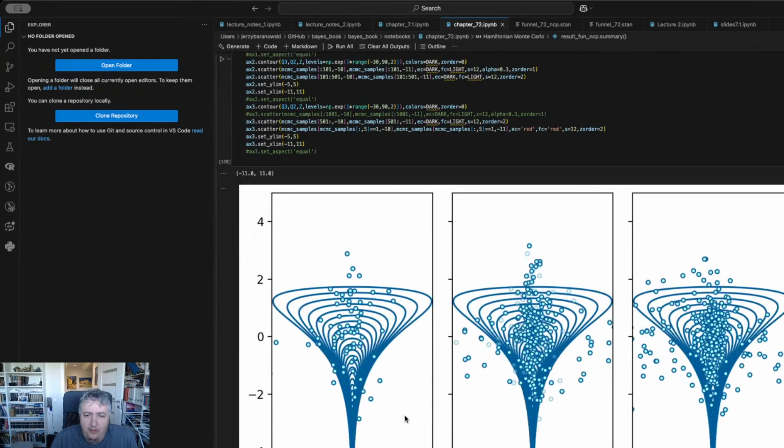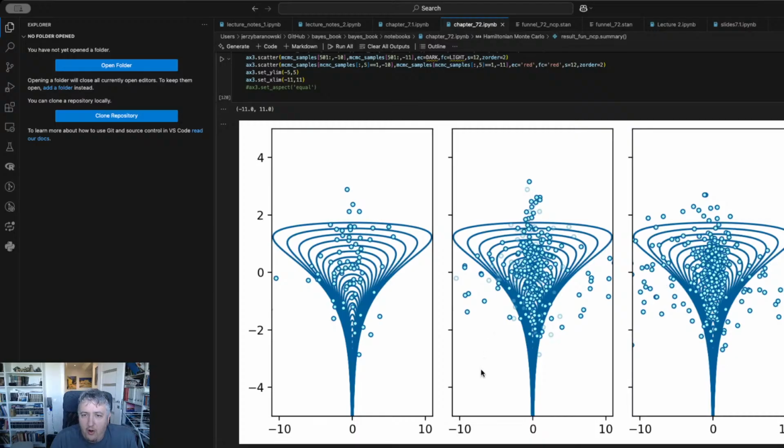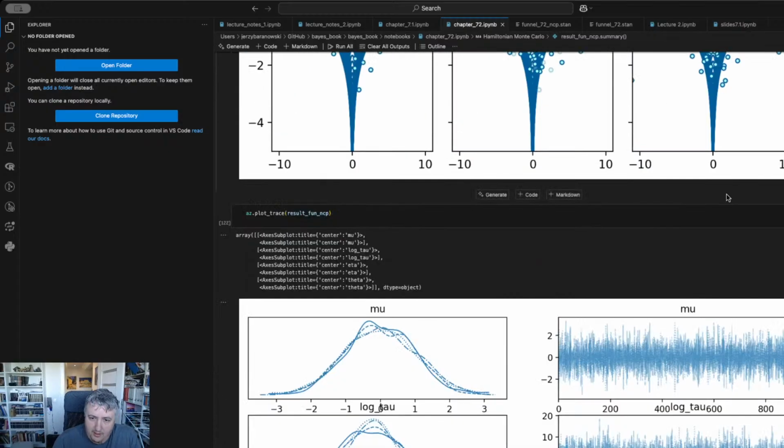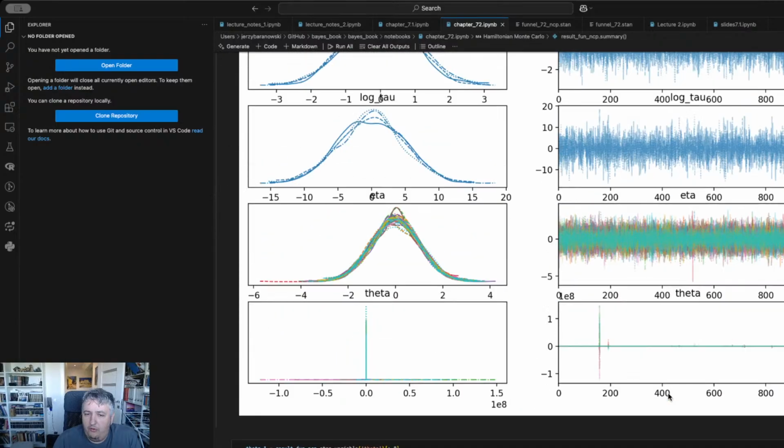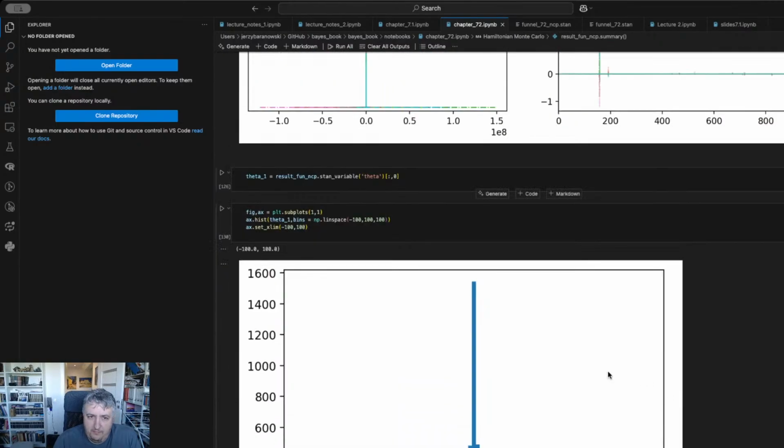And when we consider the sampling here, we get samples that are exploring the funnel a bit, and now they have no issues with divergences. So the sampling is much improved. And what we can see, the trace plots are also much better.